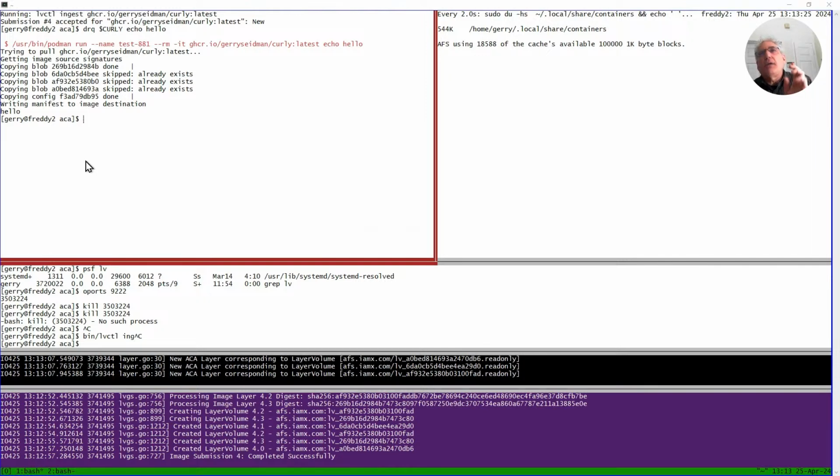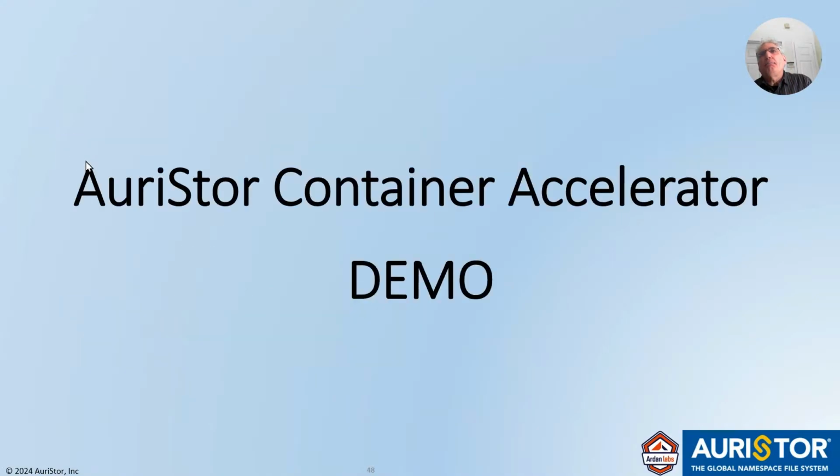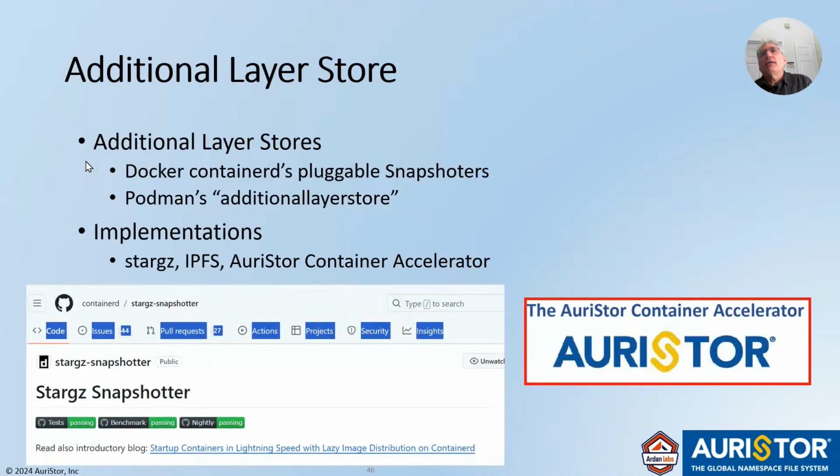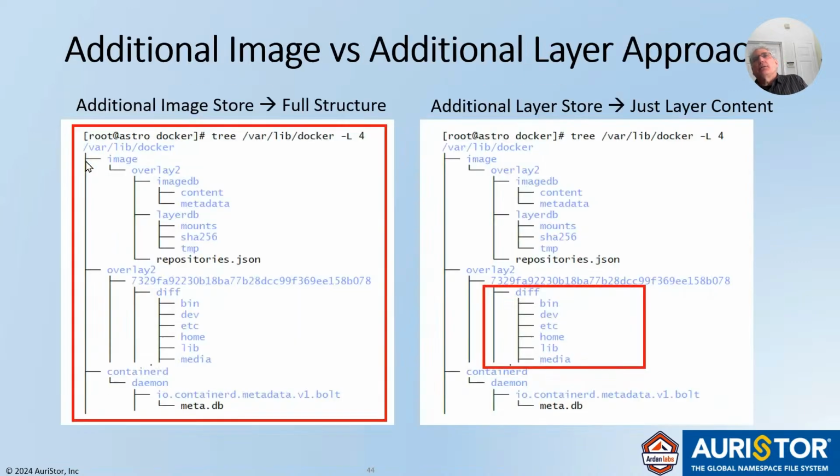So wrapping up. There's two approaches: additional image stores, which has the flaws that you have to pre-build them for multiple machines, which means you have some potential conflict issues and update issues, and it's more heavyweight.